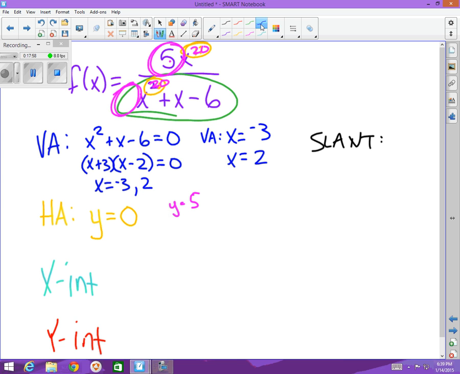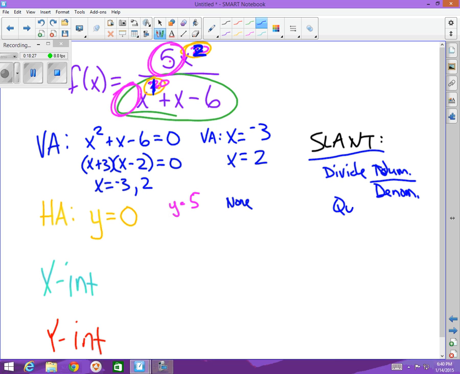And if it's the other way around, where this one is, say, 2, and this is 1, then there isn't a horizontal one. And since they differ by 1, there would be a slant one, and to find the slant asymptote, you just divide the numerator by the denominator.